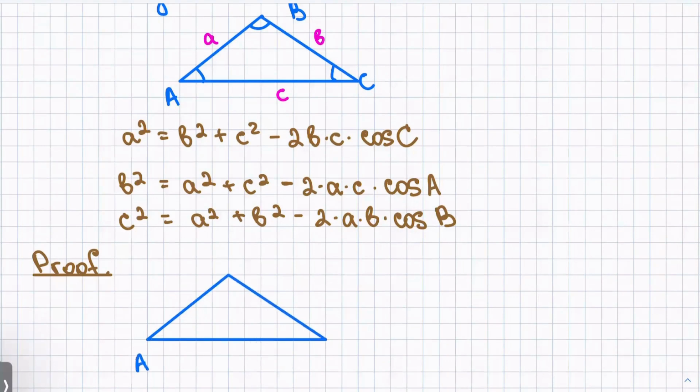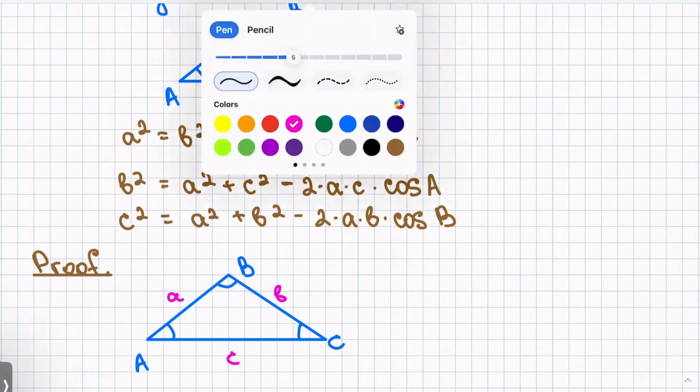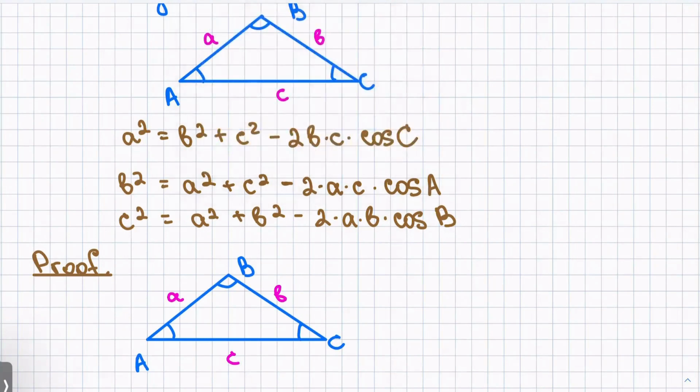So let me repeat the triangle ABC here with these angles A, B, C. Again, by lowercase letters, I will label the sides of this triangle. And now, dear students, let me draw the height h as in the sine rule. For instance, I will draw the height h from the vertex B to the side c, and it doesn't matter.